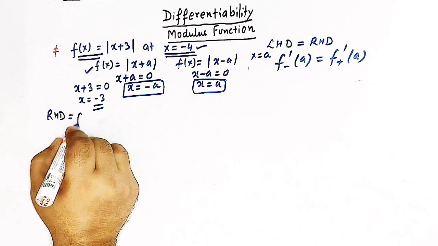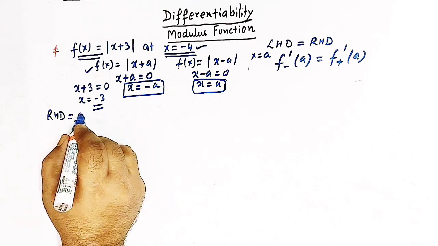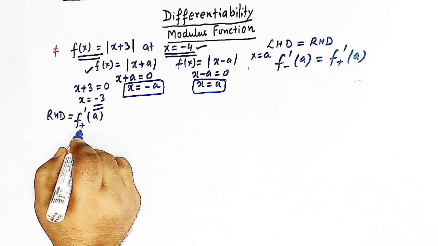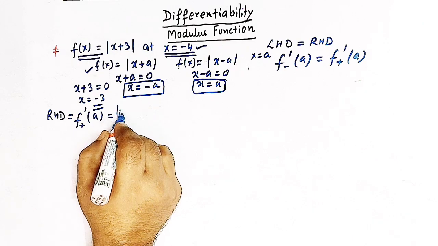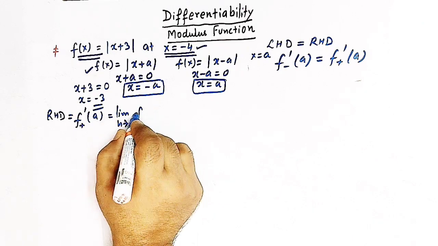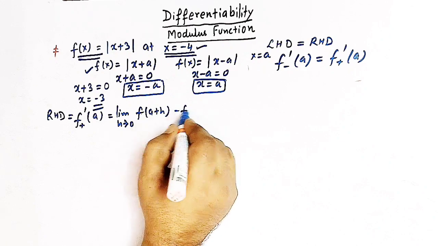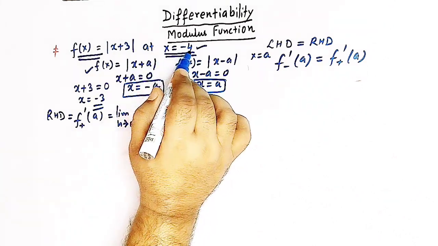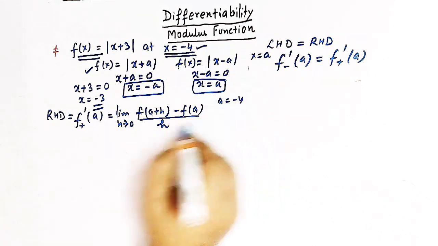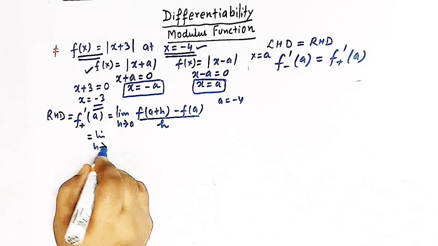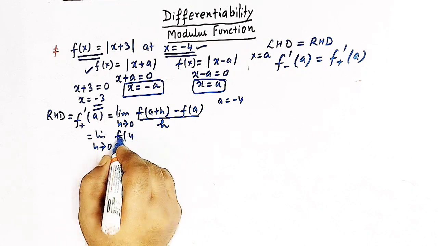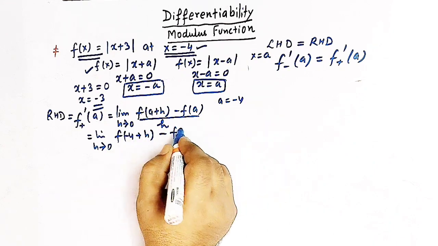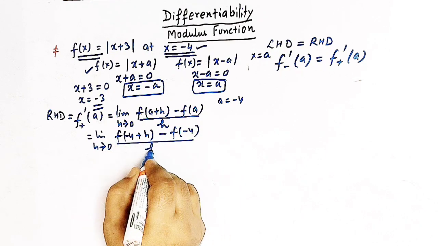So now let us first find the right hand derivative. The right hand derivative is given by this notation, f prime of a with a positive sign, and we write limit h tends to 0 of f of a plus h minus f of a divided by h. Now here a is minus 4, so we can write limit h tends to 0 of f of minus 4 plus h minus f of minus 4 divided by h.